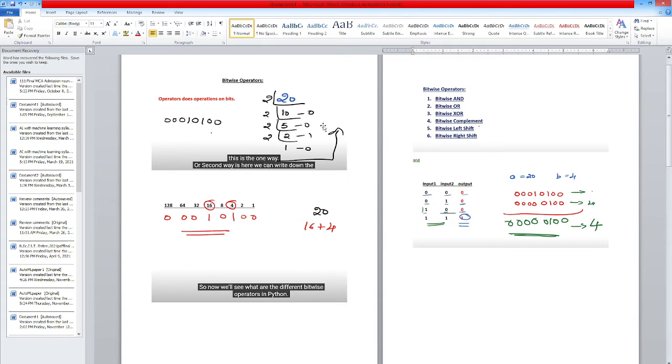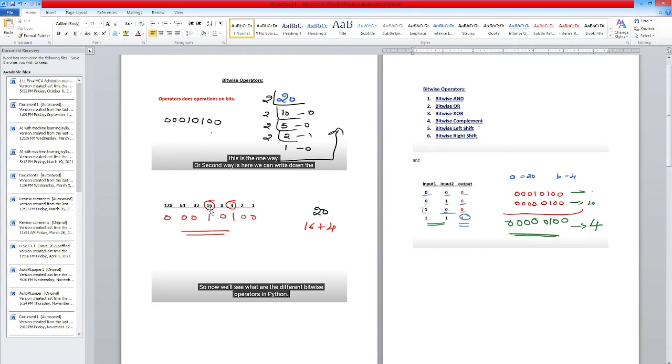Two ways are there to convert decimal to binary: division by 2 or place values. 1, 2, 4, 8, 16, 32, 64 and 128, that is 8 bits. 1, 2, 3, 4, 5, 6, 7, 8. These are 2 raised to 0, 2 raised to 1, 2 raised to 2, 2 raised to 3, like that.